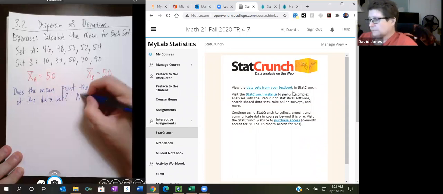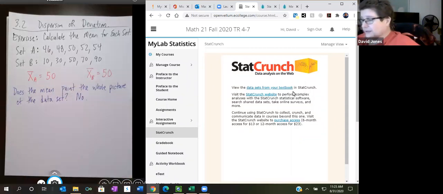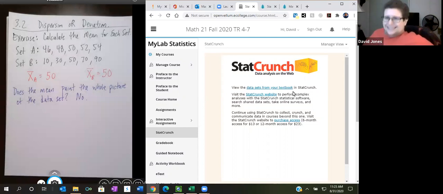Now, if I were talking about grades, and this was your percentage score on the final, in set A, every student failed. In set B, one student got an A, the 90%, one student got a C, the 70%, and everybody else failed, but two people passed that final.